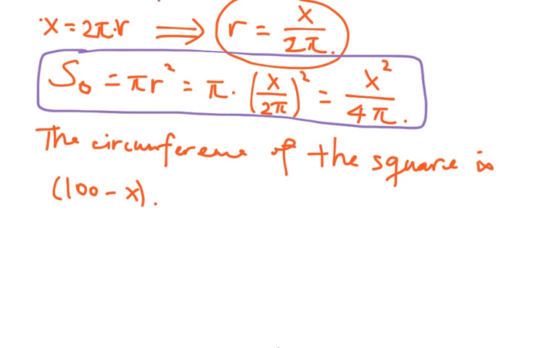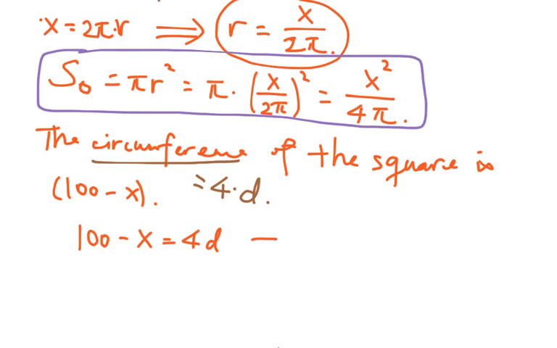But we know that the circumference of a square is given by 4 times d, where d is the length of each side. So that means we have a relation between x and d, which is given by 100 minus x equal to 4d, and d is equal to (100 minus x) over 4.